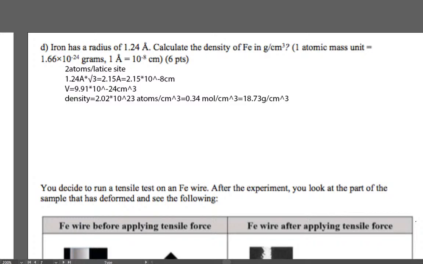Good. And then after that, you multiply that by the 6.02 times 10 to the power of 23. So yeah, I guess that's correct. And so you'll get 18.73. Yep. I guess that's the answer. Well, I don't really care about the math anymore. So yeah, I guess that's that.